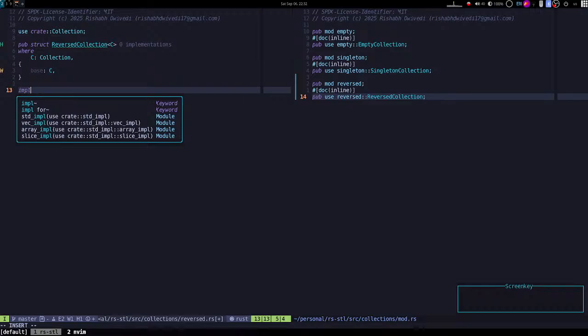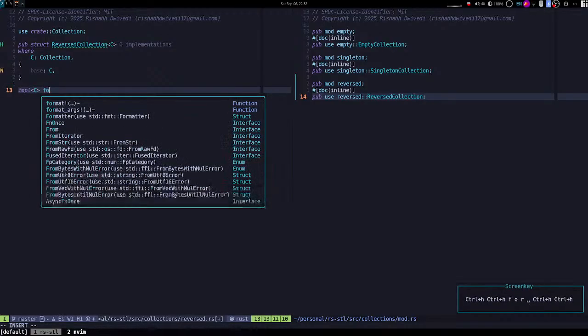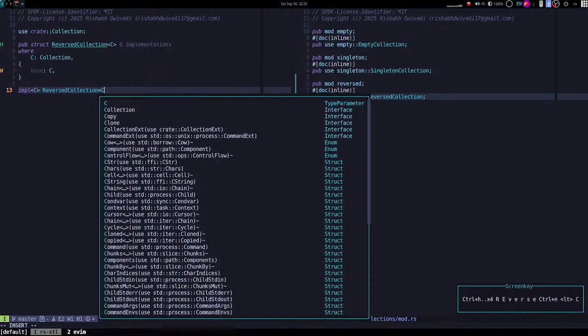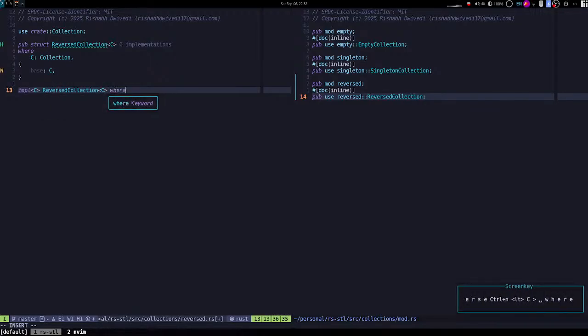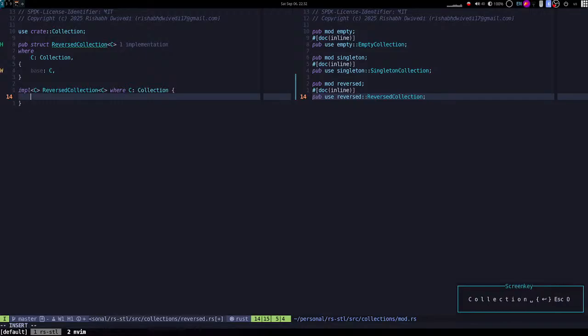I guess impl C a ReversedCollection of C, where C is a collection, right?